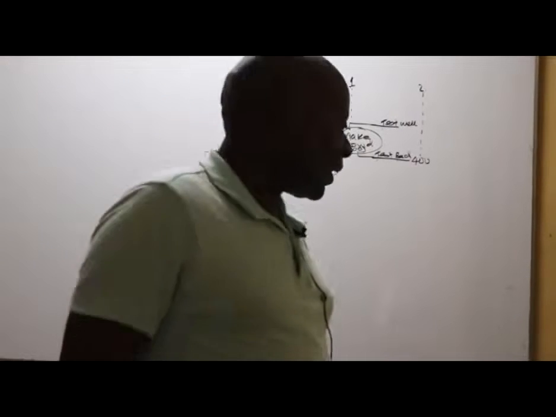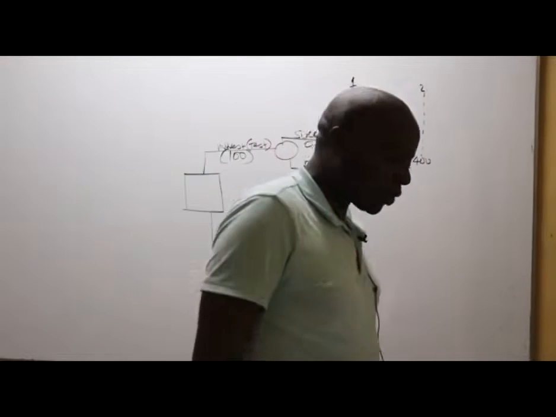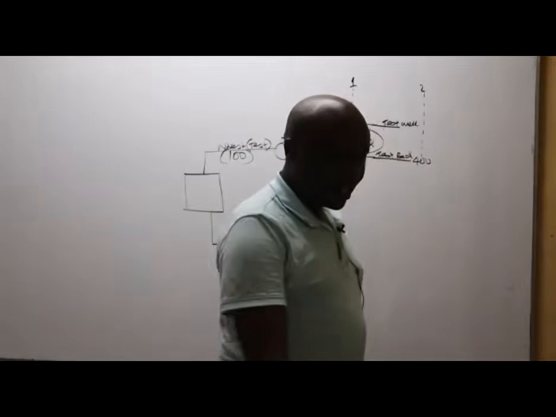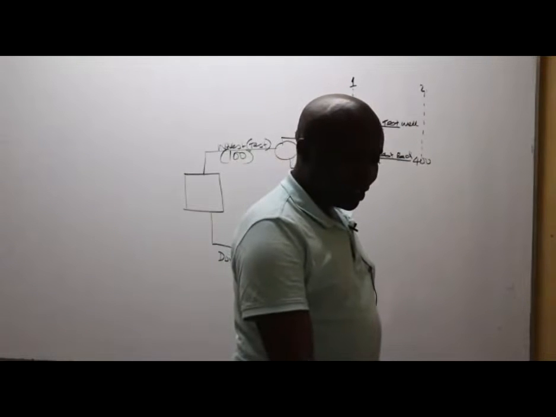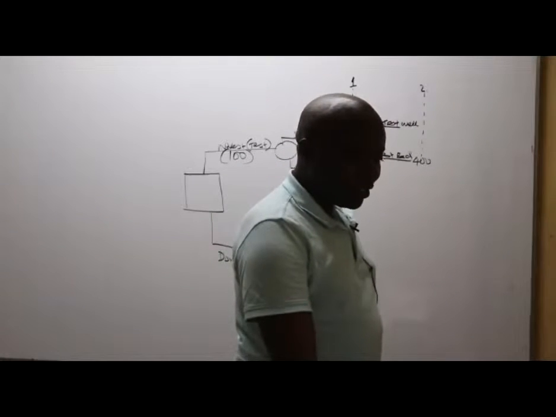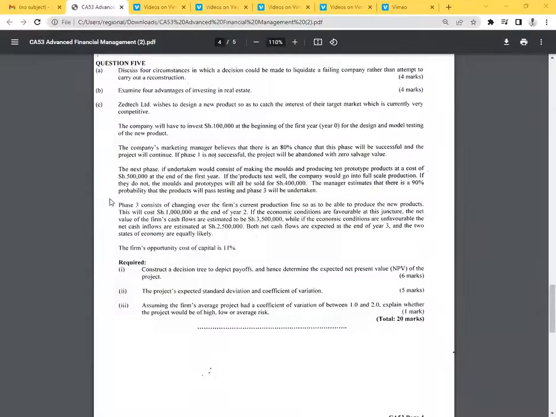Great. Now, ladies and gentlemen, from there, what are they telling us? They're telling us something nice there. If you proceed reading the question, this is what they are telling us. If the products test well, the company would go into full-scale production. If they do not, the molds and prototypes will all be sold at 400.